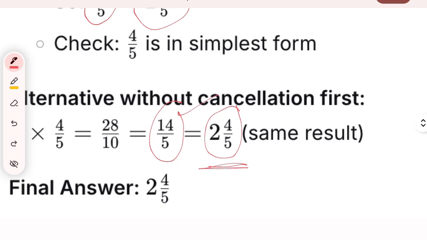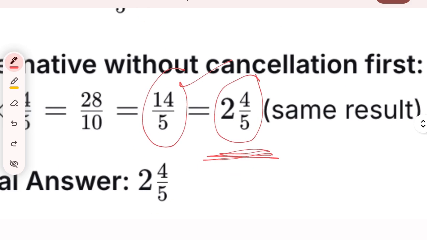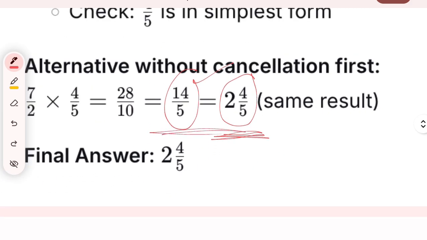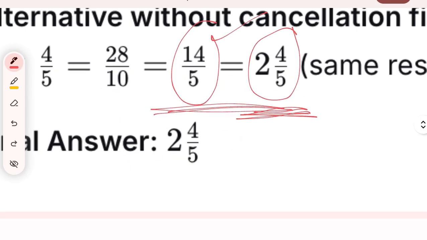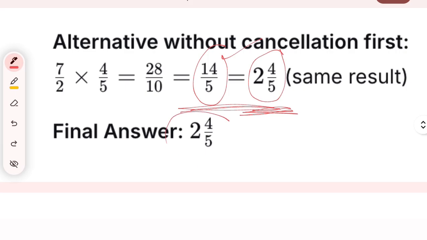Some teachers would only accept the result as a mixed number, so 2 and 4/5. Maybe you could ask your professor or your teacher if any of these would be accepted, 14 over 5 or 2 and 4/5. But most would actually just accept 2 and 4/5 as the final answer.